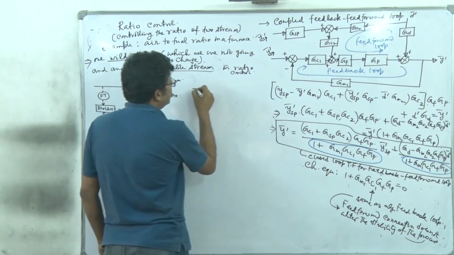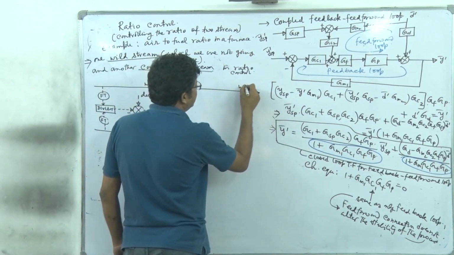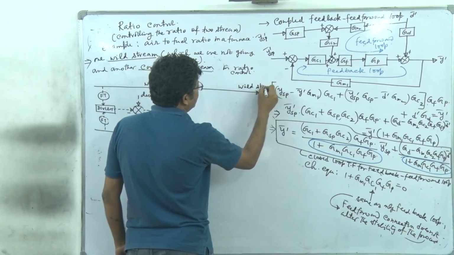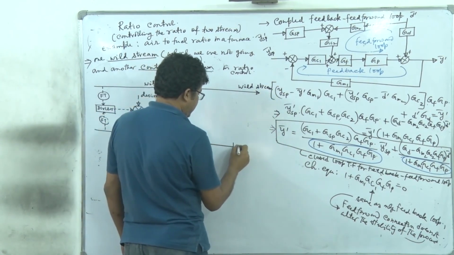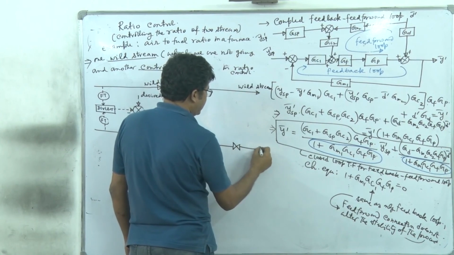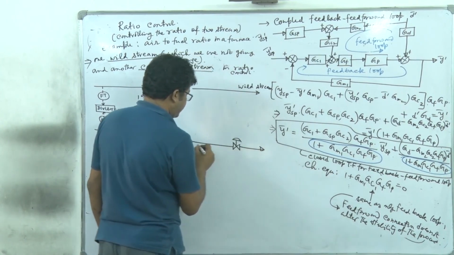Another scheme is where you again have the wild stream, and a flow line fitted with a control valve in the controllable stream.